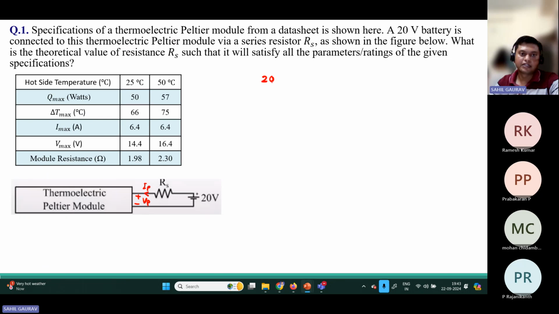We can write the equation: 20 minus Ip Rs minus Vp equal to 0. Here in this problem they are asking about the series value of resistance such that it will satisfy the parameter rating of the specification. So Rs will be (20 minus Vp) upon Ip.